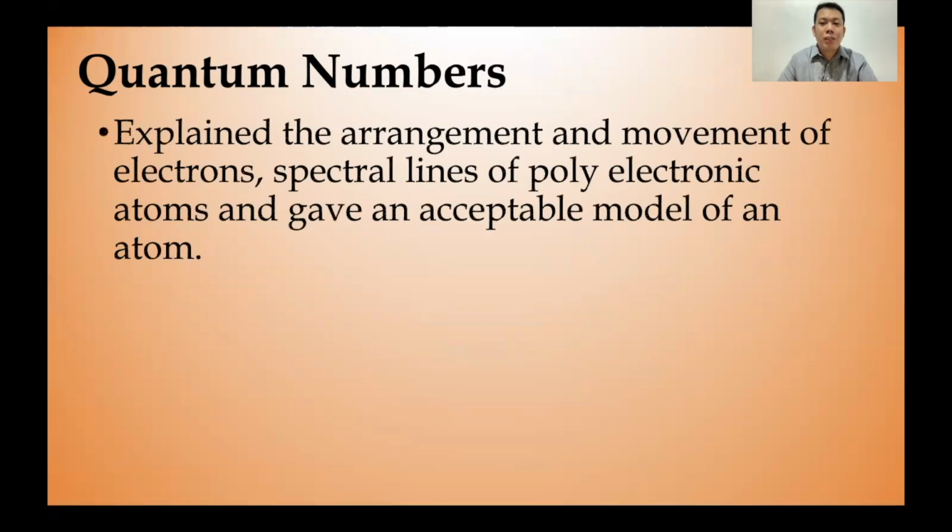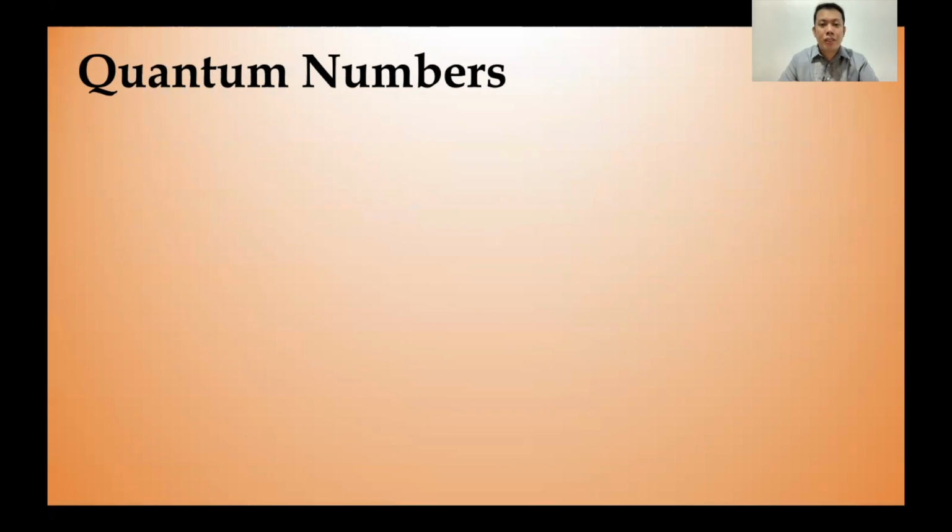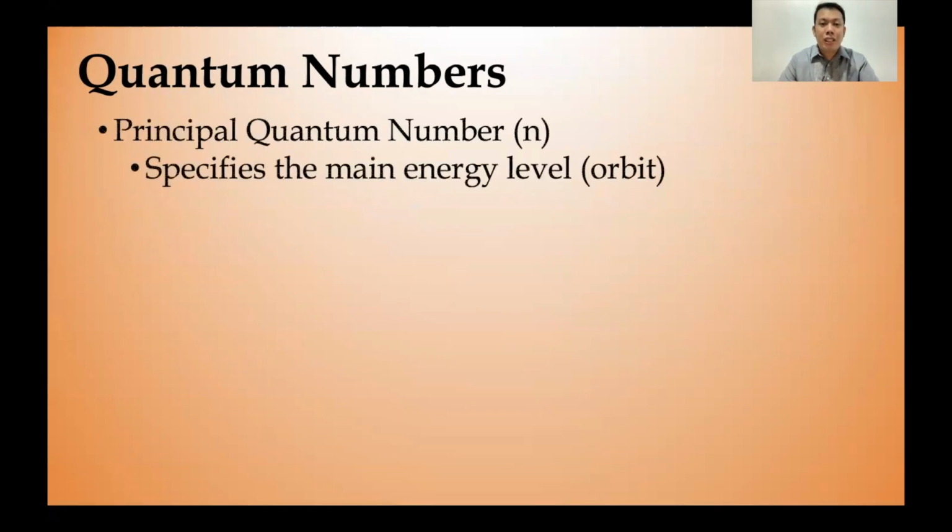Quantum numbers explain the arrangement and movement of electrons, the spectral lines of polyelectronic atoms, and give an acceptable model of an atom. These are the four quantum numbers. When we speak of quantum numbers, we're talking about numbers. So when you answer problems in quantum numbers, the answer is a number.